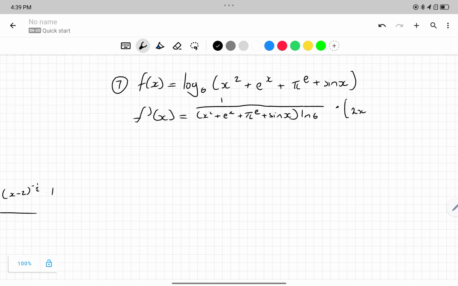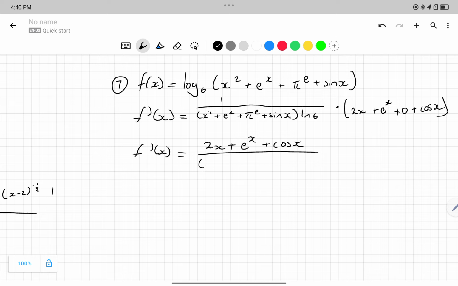Deriving the inside gives us 2x, plus the one that never changes, plus 0, plus cos x. So you will get 2x plus e to the x plus cos x over x squared plus e to the x plus pi to the e plus sin x. Since it just said find f prime of x, we're not going to simplify any further.